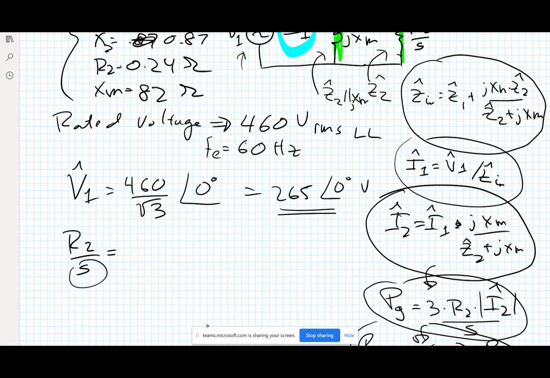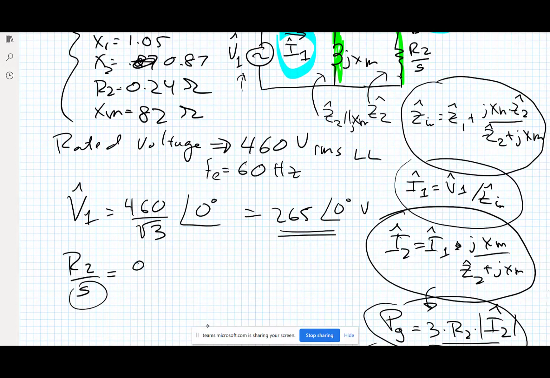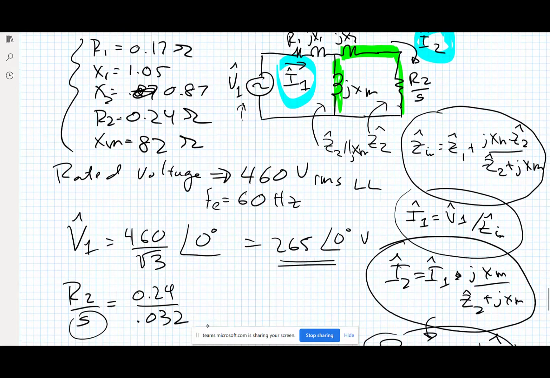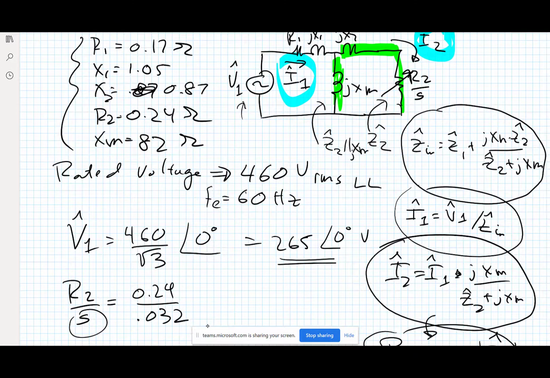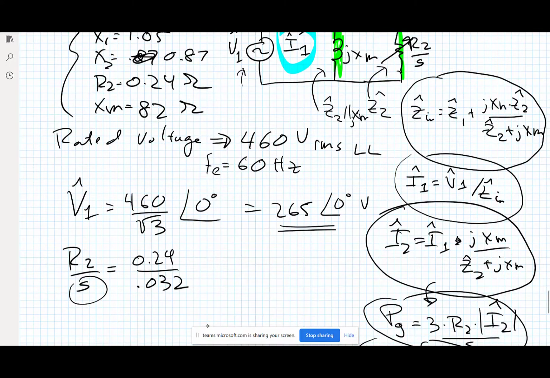They forget this. I know S is 0.032 and I know R2, so it's 0.24 divided by 0.032, because this is going to change with load. That's 7.5 ohms. That's essentially the load resistance. This is what I called my rated slip.